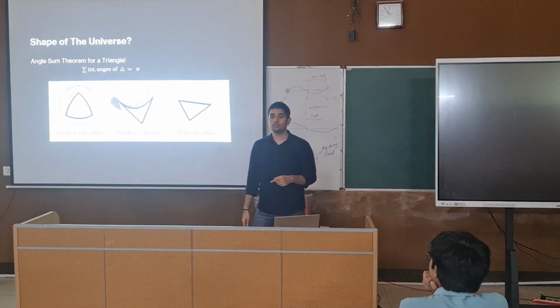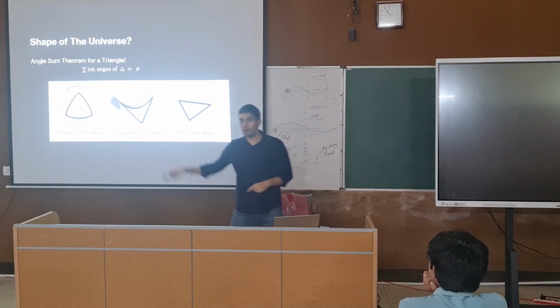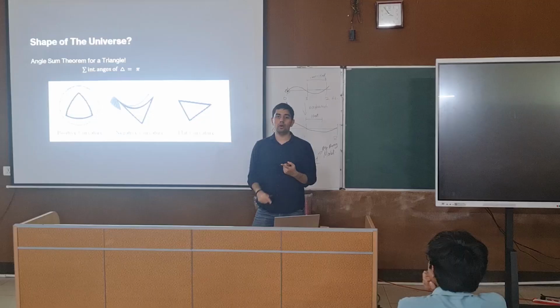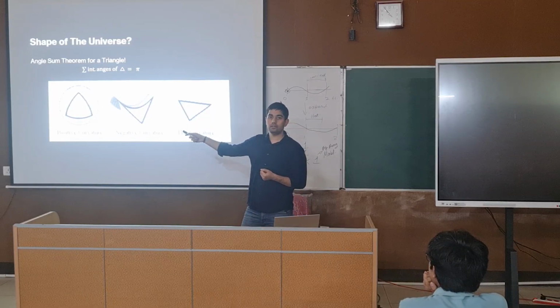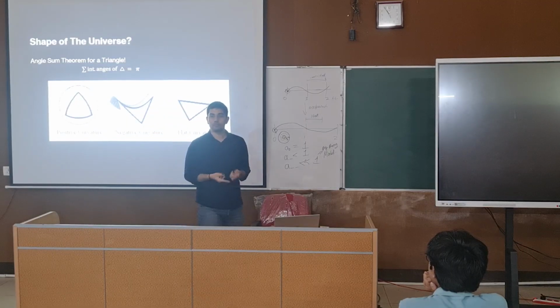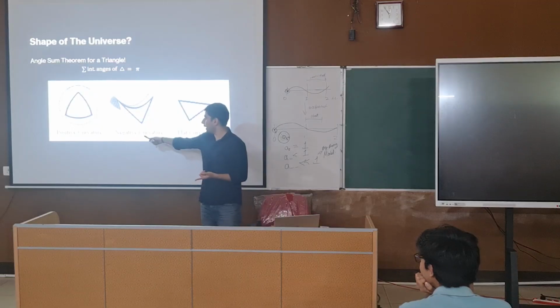How is that possible? Stand at the North Pole, then move to the equator, move along the equator, go back to the North Pole. The angles you made were all 90 degrees, but you drew a triangle, right? So this is a positive curvature. This is a sphere, okay? The opposite is a negative curvature surface.